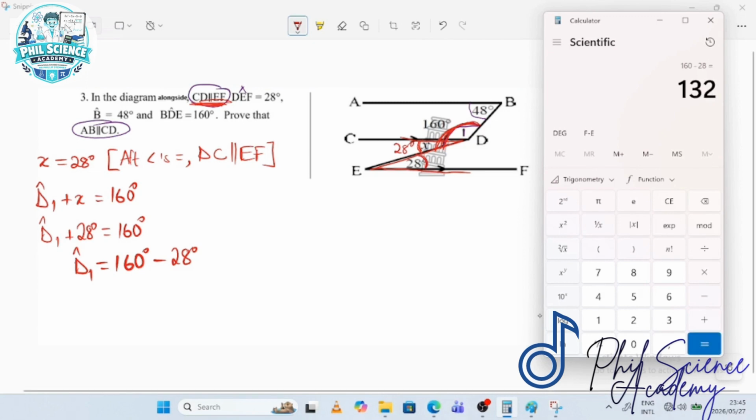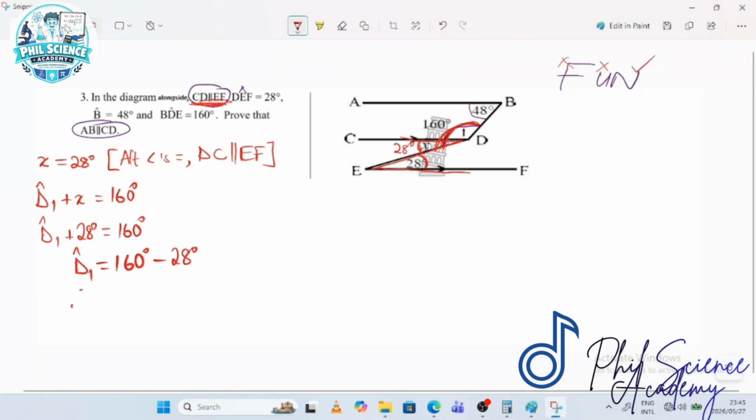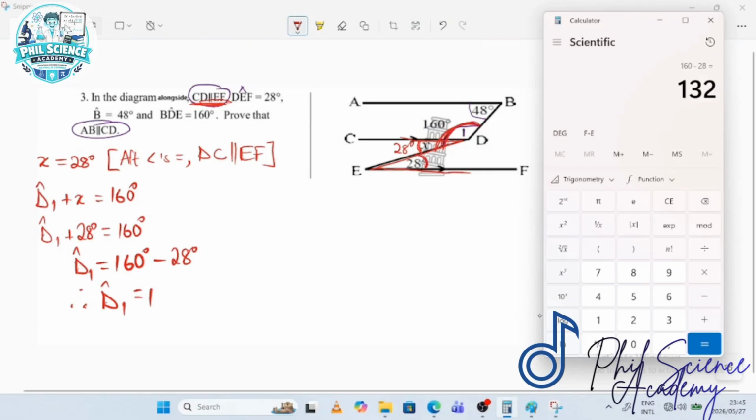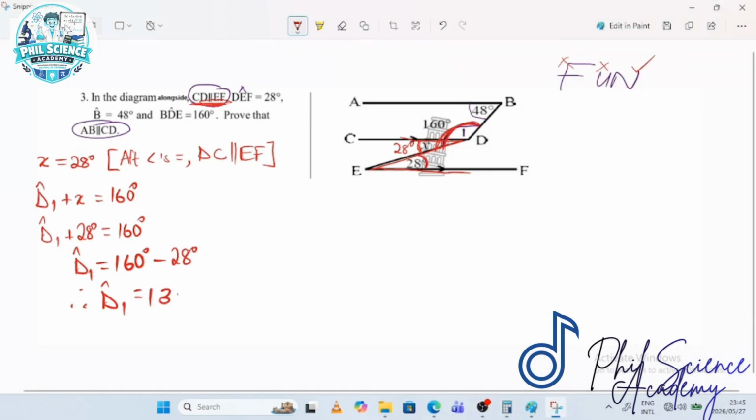So therefore, angle D1 is equals to 132 degrees. So let me just use this color to show that this angle here will be equals to 132 degrees.